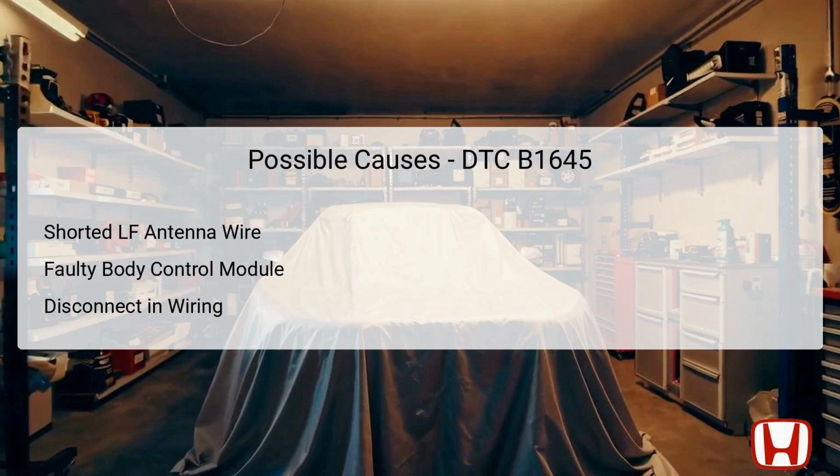Several factors can lead to DTC B1645 being triggered in the Honda Accord. A shorted LF antenna wire is a common issue, where wires may become damaged or cross-connected, resulting in erroneous signals to the BCM. In some cases, the fault may originate from a defective body control module itself, where internal circuitry fails to operate as needed.